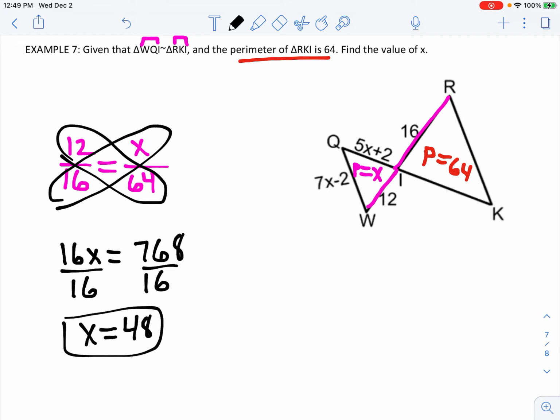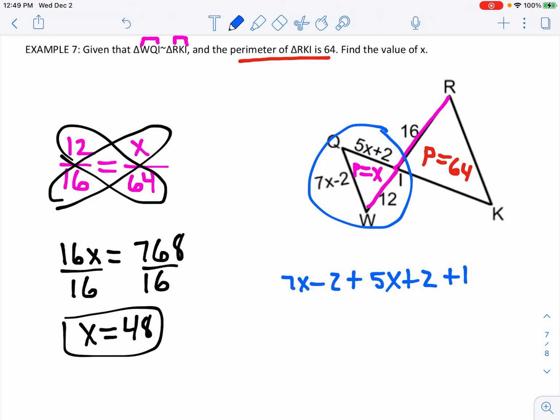Now, if the perimeter of that is 48, then to find x, I can add up all the sides on this triangle and set it equal to 48 to find out what the x was. So if I take 7x minus 2 plus 5x plus 2 plus the 12, because it's the third side, that should add up to equal 48, because that's what we got for perimeter.